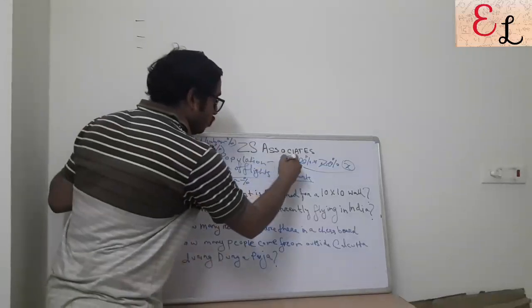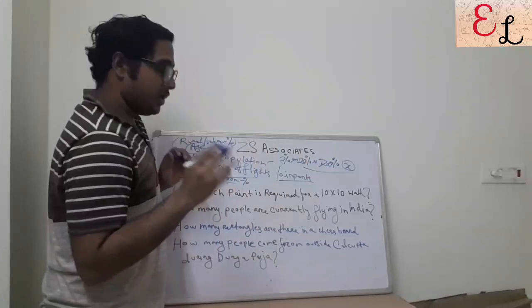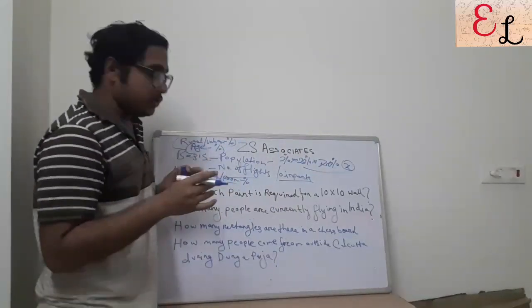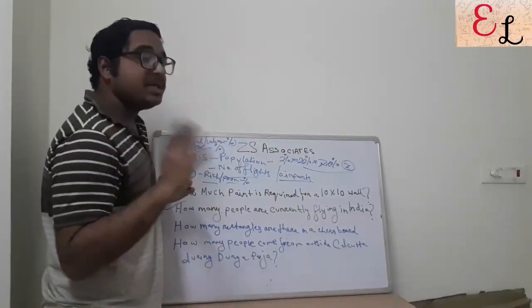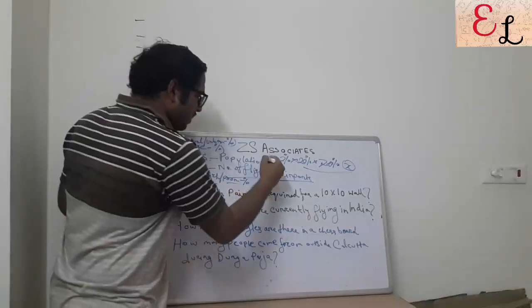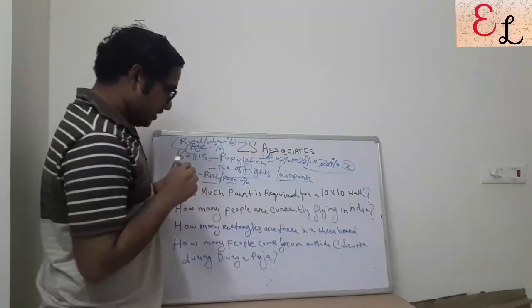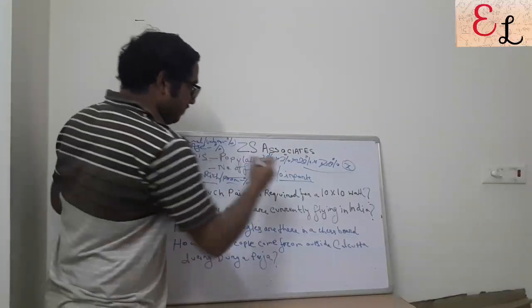So I'm going to consider 2% of this. So these are my frequent flyers. Out of these, I'm considering just about 20 to 30% currently flying. So 20% of this currently flying in the hour for the day, divided by 24.